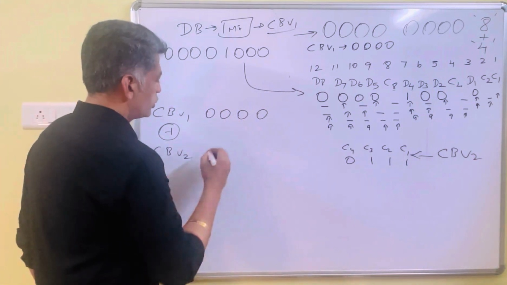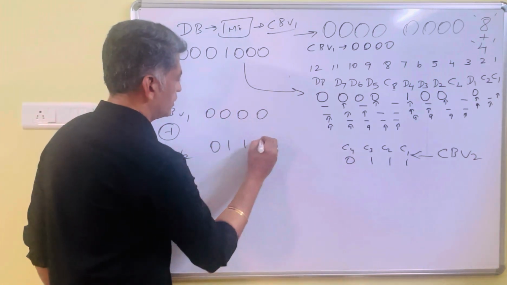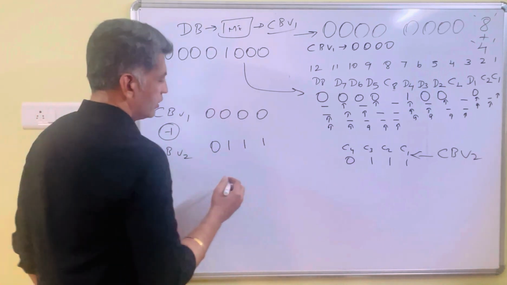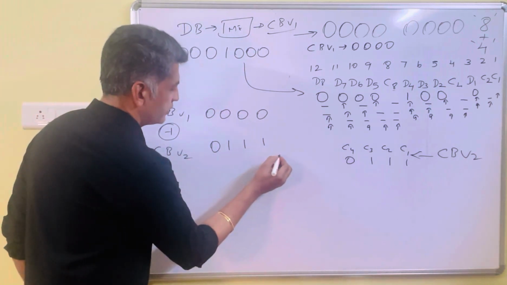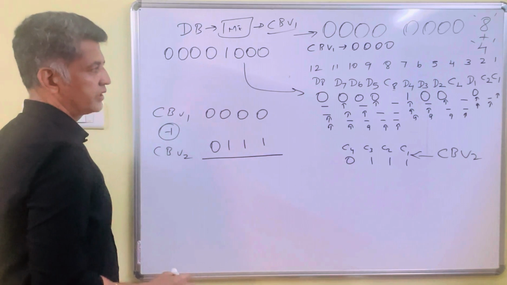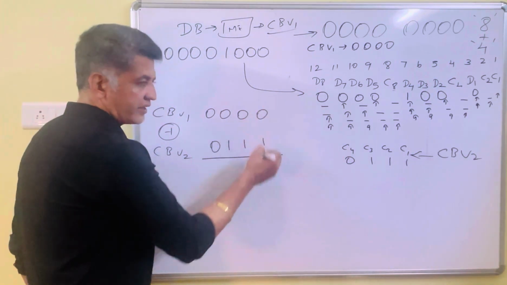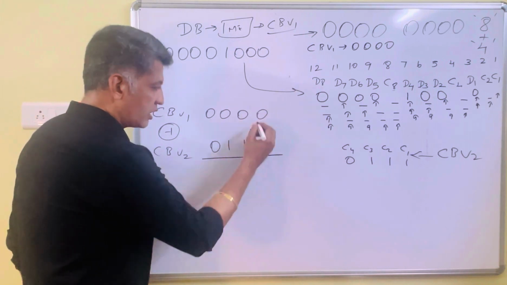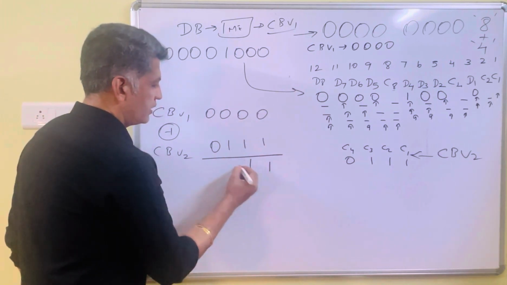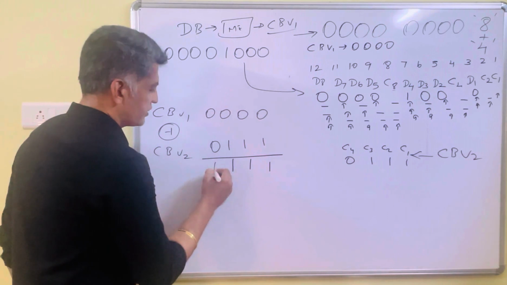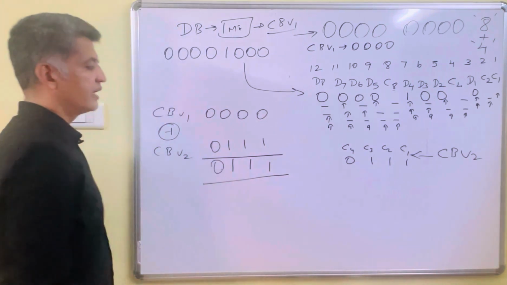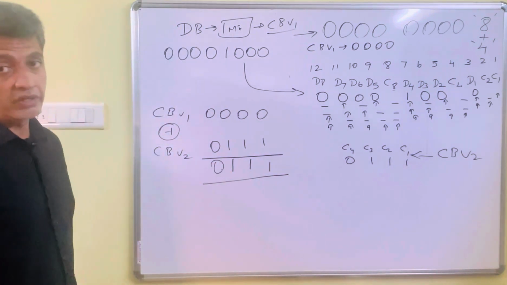And check bit version 2 is 0, 1, 1, 1, right? So now here the value, if you do an XOR, what will be available? Odd number of ones, so 1, 1 and 1, and 0, right?